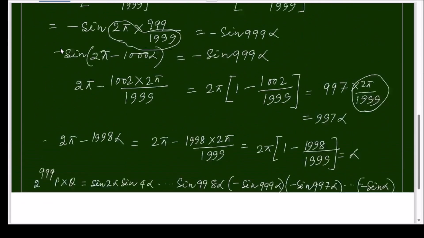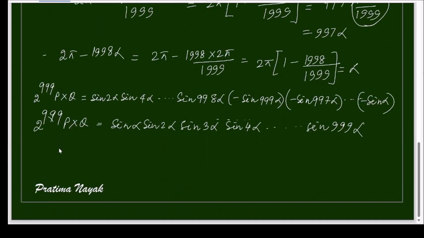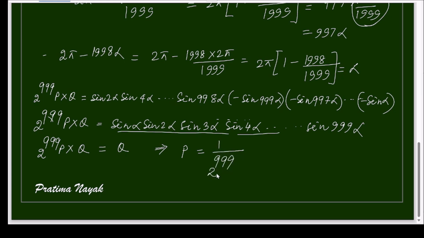So interesting. So 2 to the power 999 p multiplies q. I am getting the whole right side as your q. So what will be p? P is equal to 1 over 2 to the power 999. This is the result of this question.